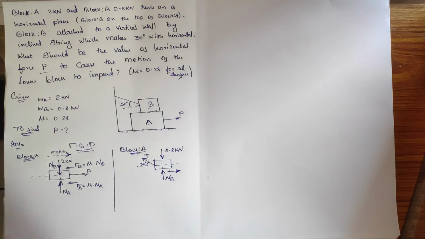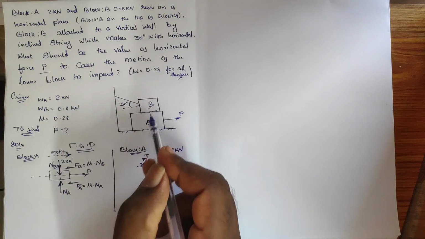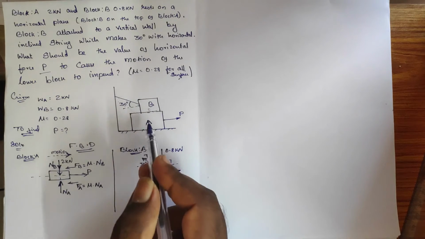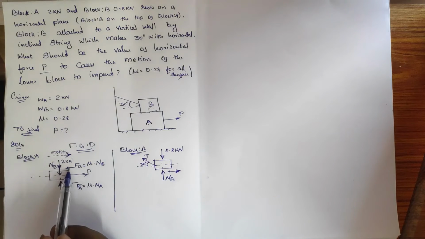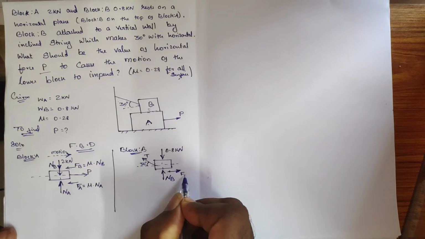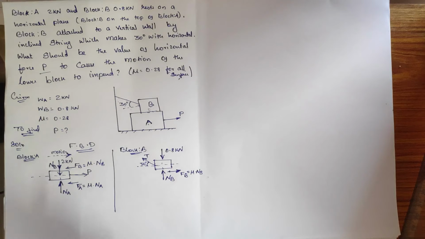When you have two blocks, keep in mind that the friction force on the upper block will always be opposite to that on the lower block, block A. Here the friction force on A is towards the left, so here it will be right. It's a trick to identify it. So FB is equal to mu into NB. These are the forces acting in this system.